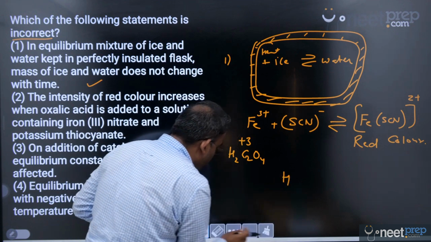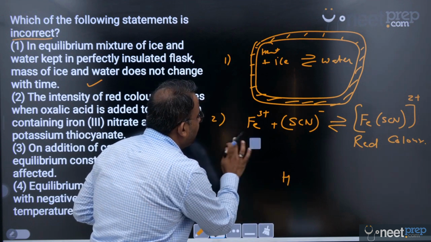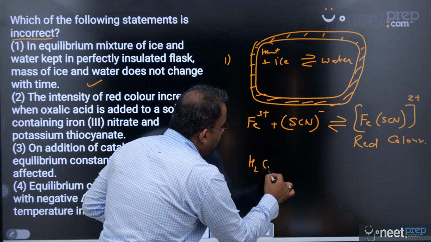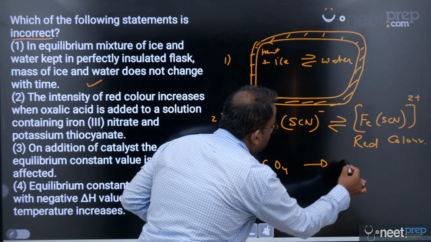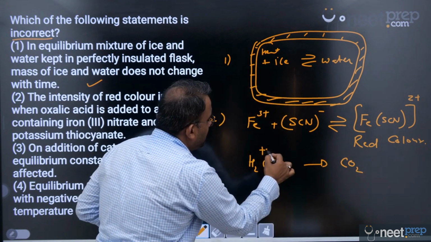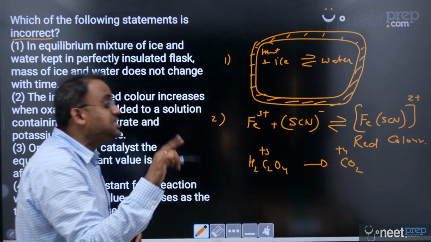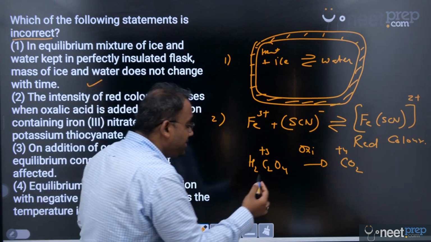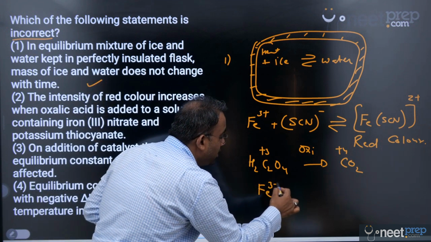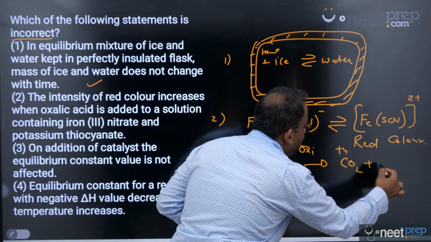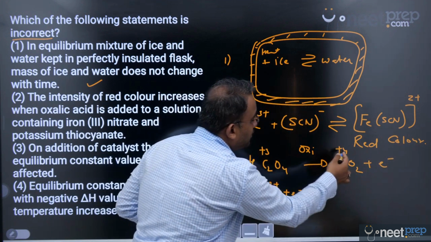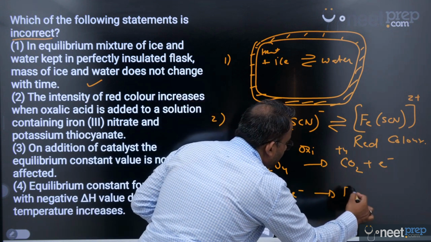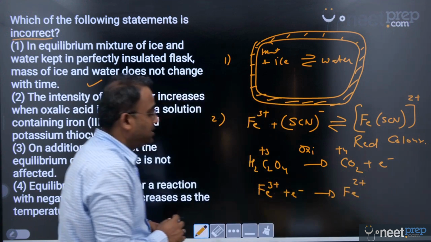If H2C2O4 is getting converted into CO2, I mean +3 to +4, here oxidation of carbon is taking place, so someone will have to get reduced. I mean from here we will be getting electrons. +3 to +4 means there will be a loss of electrons. Then ferric will convert into Fe2+ ion.